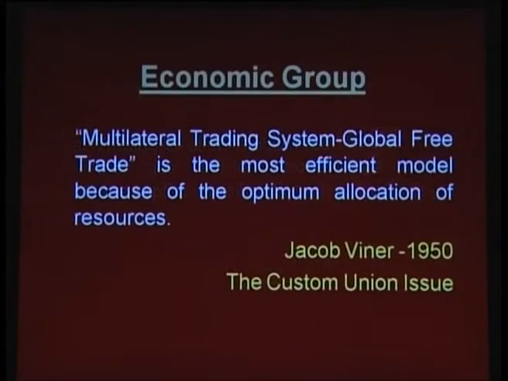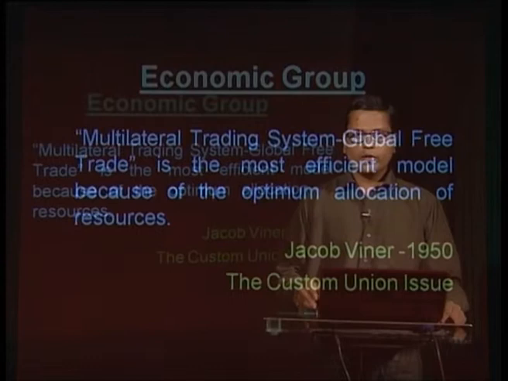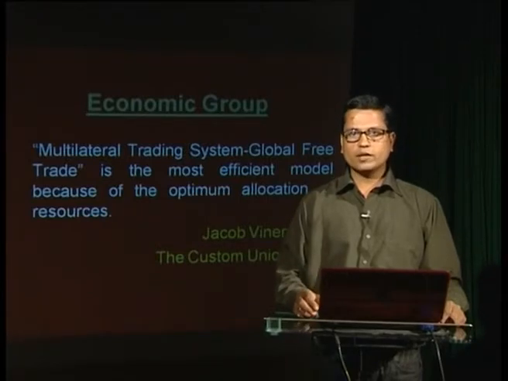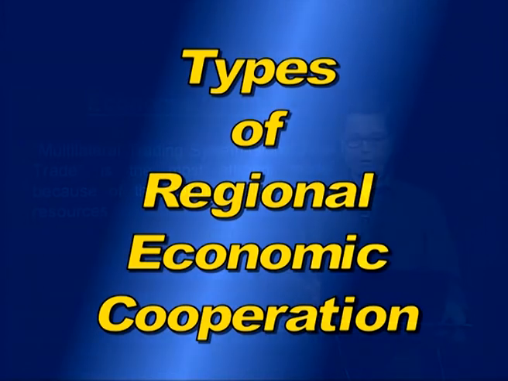He said multilateral trading system, global free trade is the most efficient model because of the optimum allocation of resources. Here Mr. Viner made it very clear that due to free trade and the multilateral trading system, countries get the optimum allocation of resources and the benefit economically.